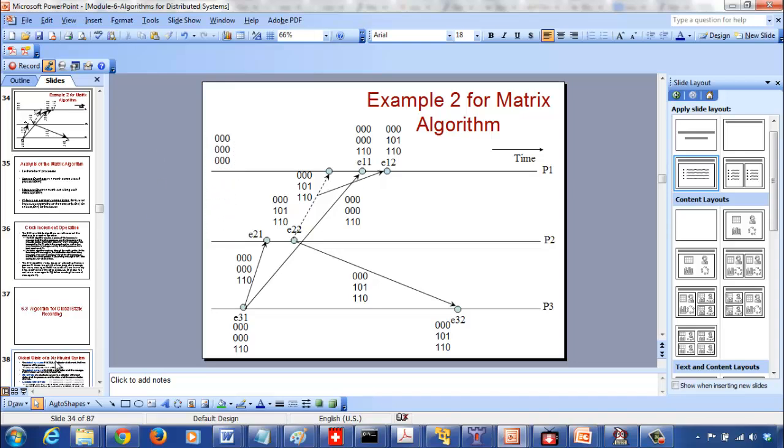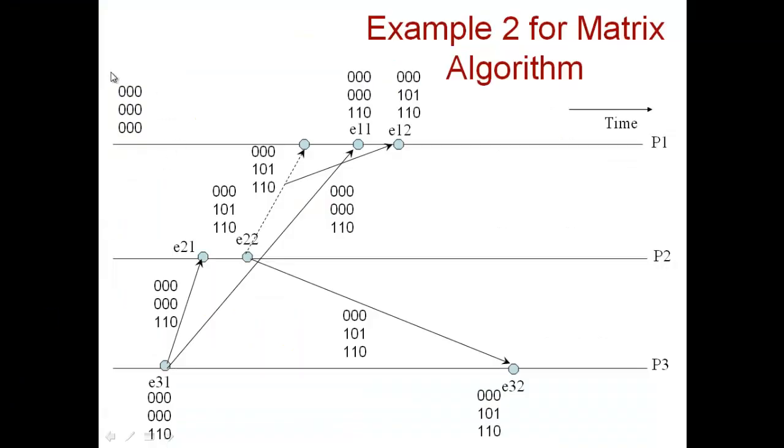So when P1 compares its clock value with this timestamp, it sees that P3 has sent something to P1 and P1 has not received it. So it buffers that message from P2. When P1 gets the message from P3 with its timestamp, P1 can go ahead and accept it, and having got that message from P3, P1 can now accept the message coming from P2.